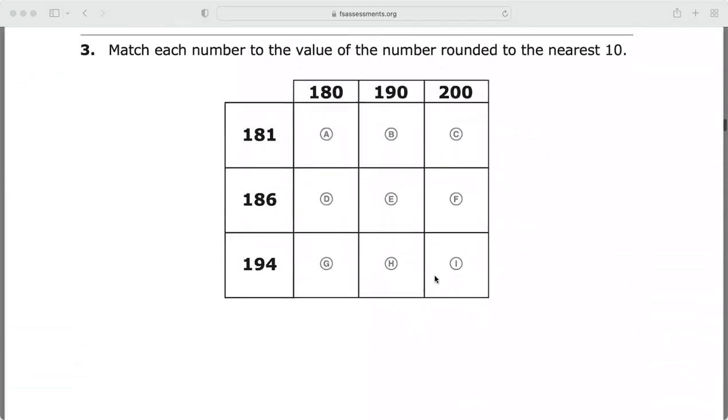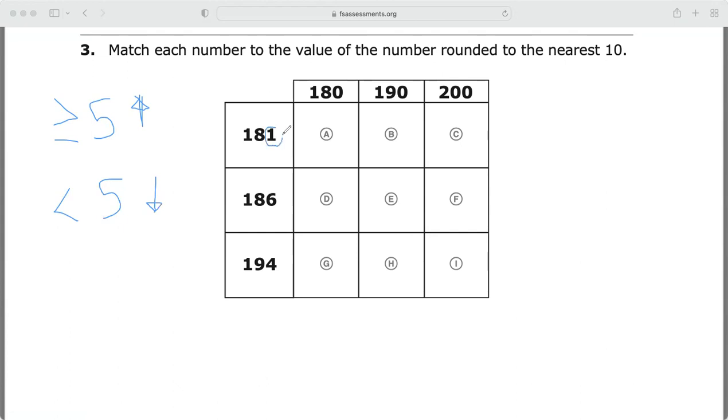Match each number to the value of the number rounded to the nearest 10. So the rule with rounding is if it's greater than or equal to 5, you round up. If it's less than 5, you round down. Okay, so let's look at 181.